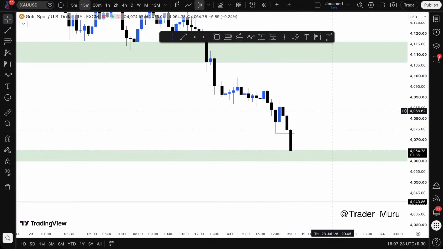Okay, wait for test and 15-minute or 5-minute time frame rejection. Daily time frame area tested. Now we can watch for some little bit pump.